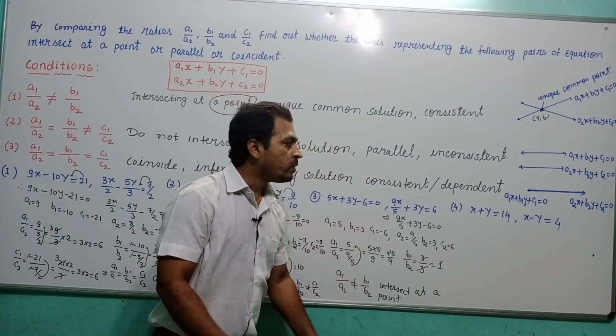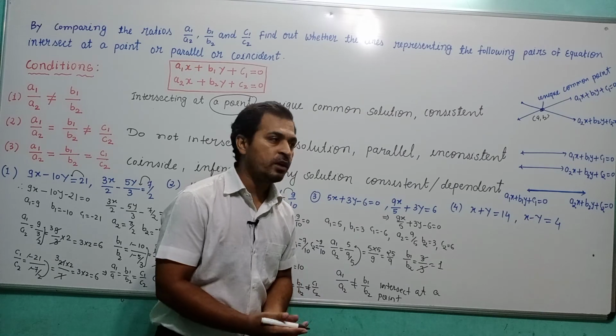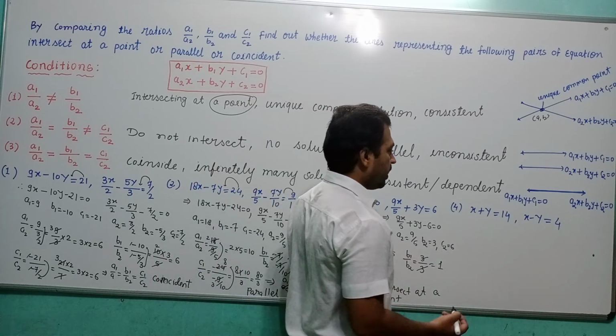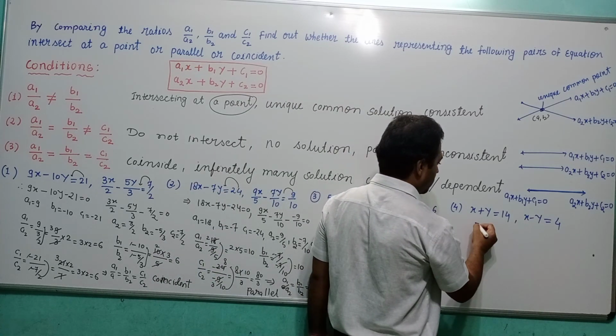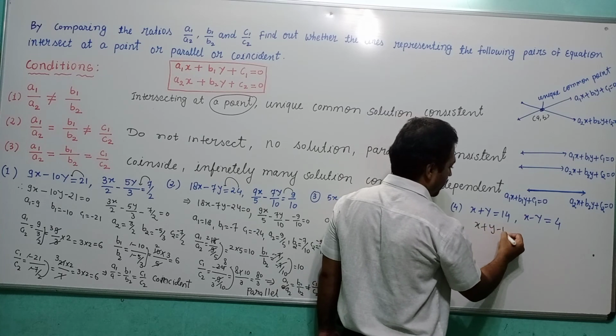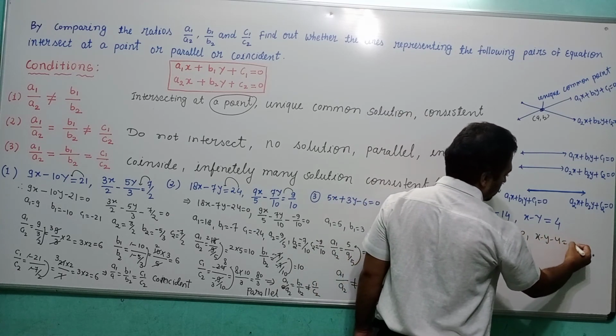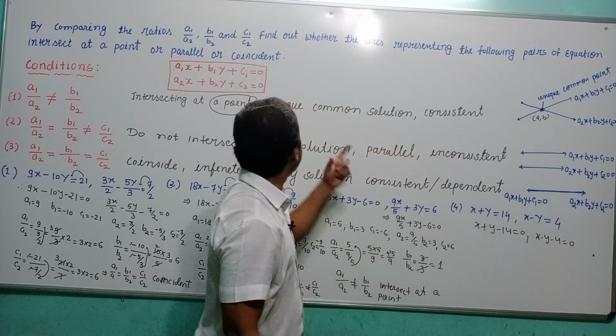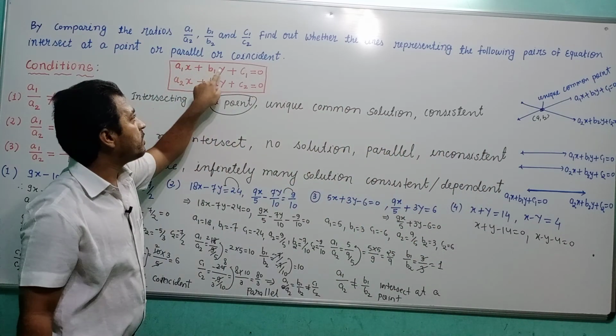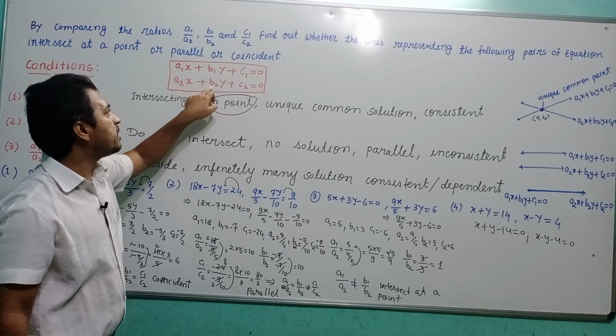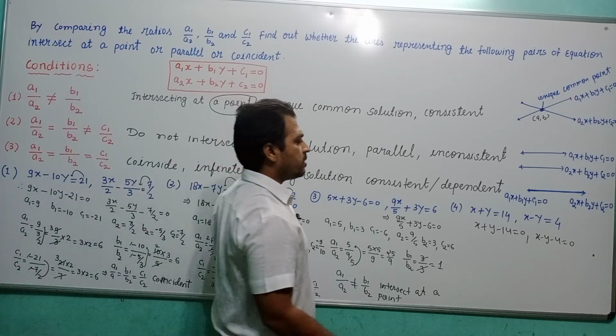Okay, now moving to the final question of today's video lesson. Very simple equations are over here. So x plus y minus 14 is equal to 0, x minus y minus 4 is equal to 0. Now you can compare with a1x plus b1y plus c1 is equal to 0, a2x plus b2y plus c2 is equal to 0.